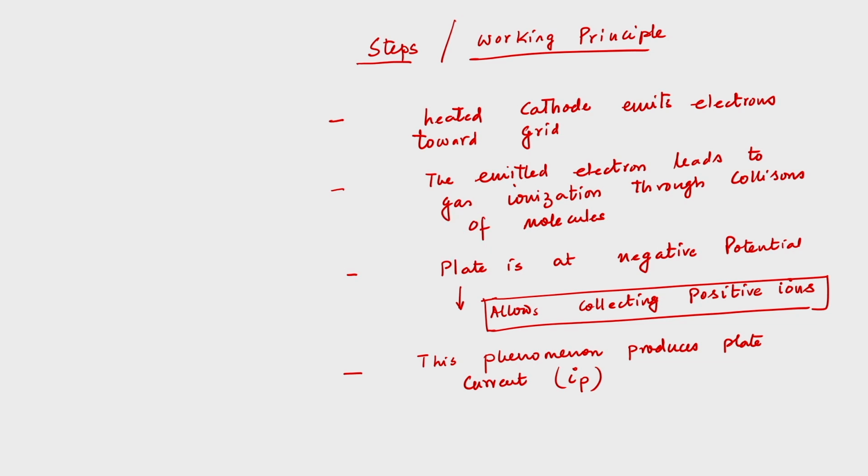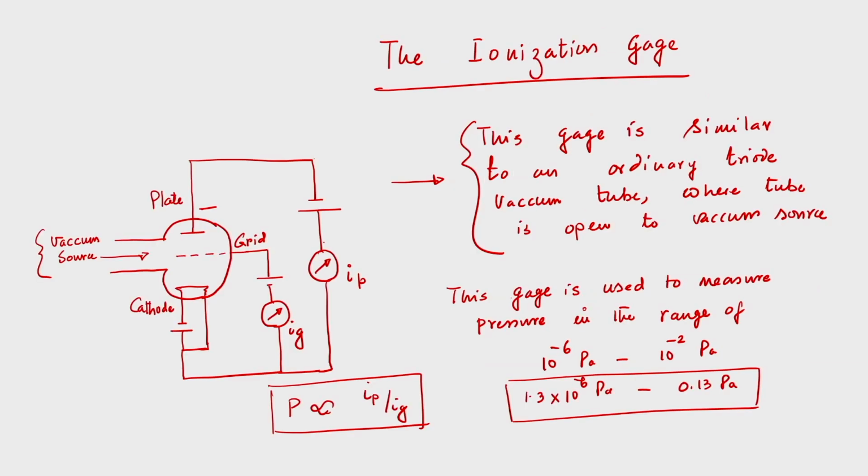Now electrons and negative ions are collected at the grid. The electrons are emitted by the cathode and move towards the grid, and this leads to gas ionization. The gas will be ionized, the positive ions will move towards the plate because the plate is at negative potential, and this phenomenon produces a current IP, which is clearly seen in the schematic.